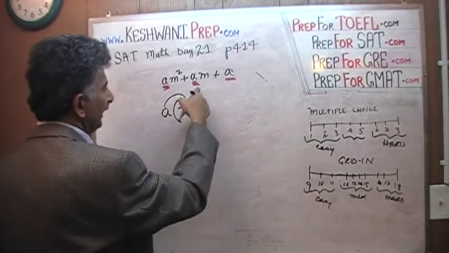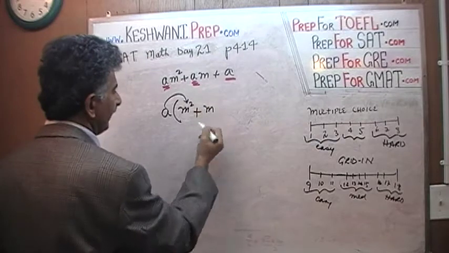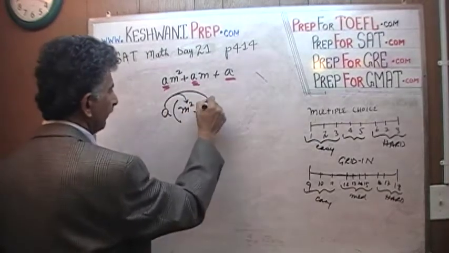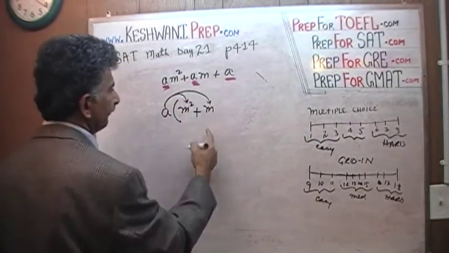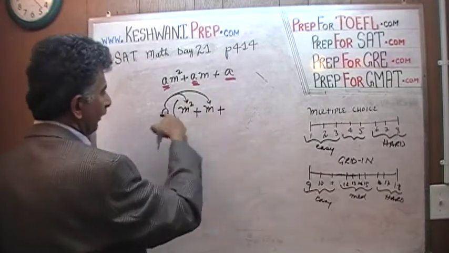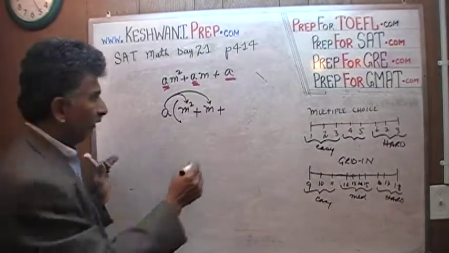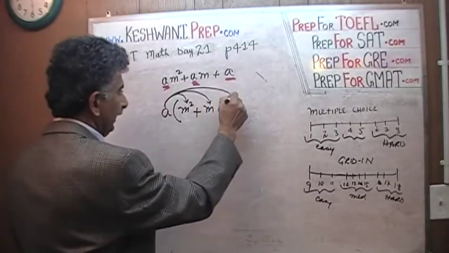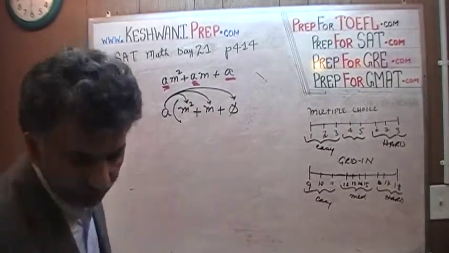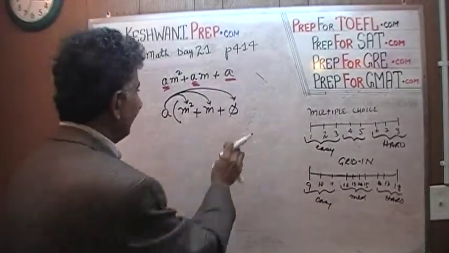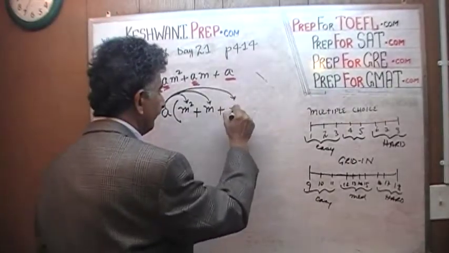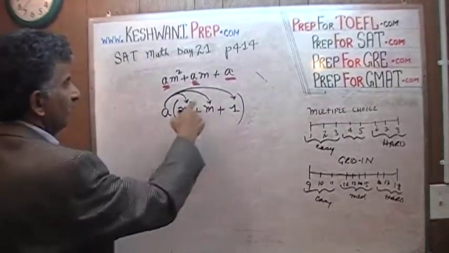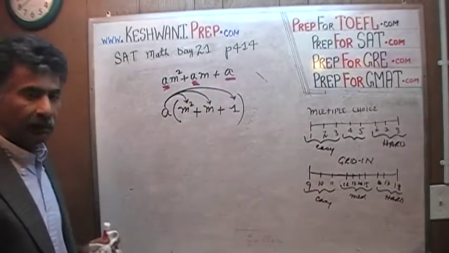Plus, if we take out a common from the second term, we are left with m, because a times m will give us am. And finally, if we take out a, what are we left with here? Zero? No, not zero, because a times 0 would be 0. We are left with 1, because 1 times a will give us our a.